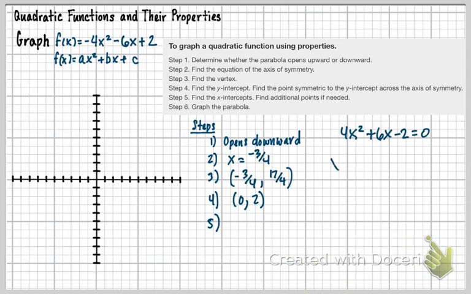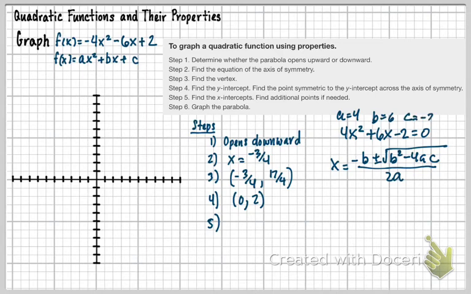So the quadratic formula is x equals -b plus or minus the square root of b squared minus 4 times a times c, all over 2 times a. So again, we're just going to plug in a, b, and c. So our a here is 4, our b equals 6, and our c equals -2. So hopefully that's okay with you.